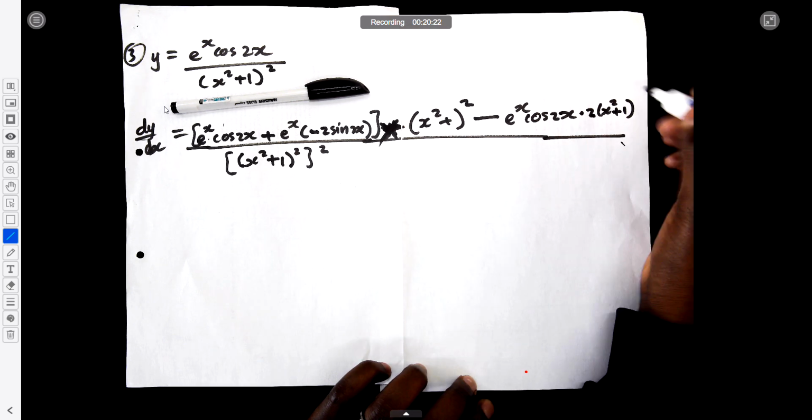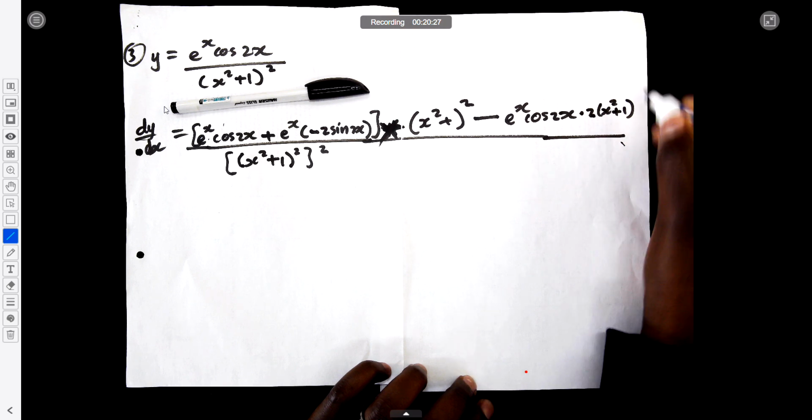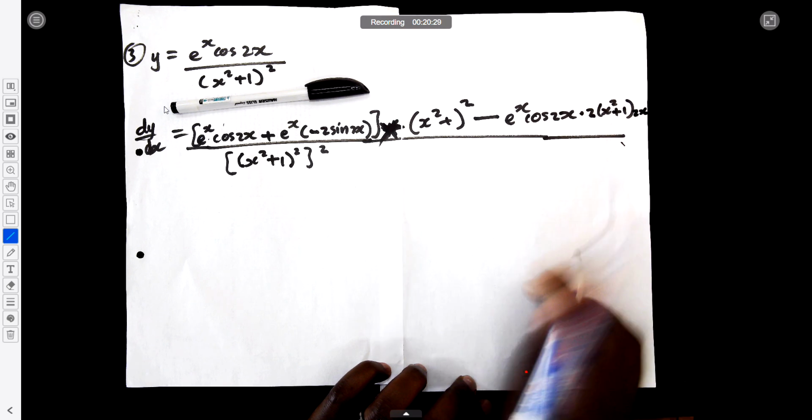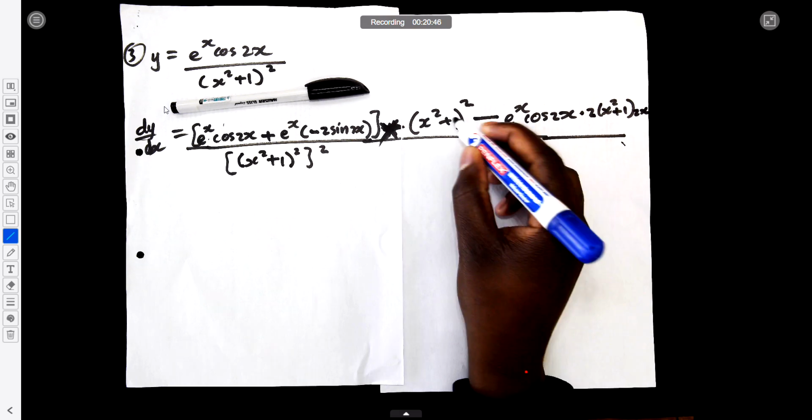And we need to multiply by the derivative of what is inside the bracket. Derivative of x squared plus 1 is 2x. Then 1 is 0. If you have done that, total mark. If they said simplification not required, you were done.